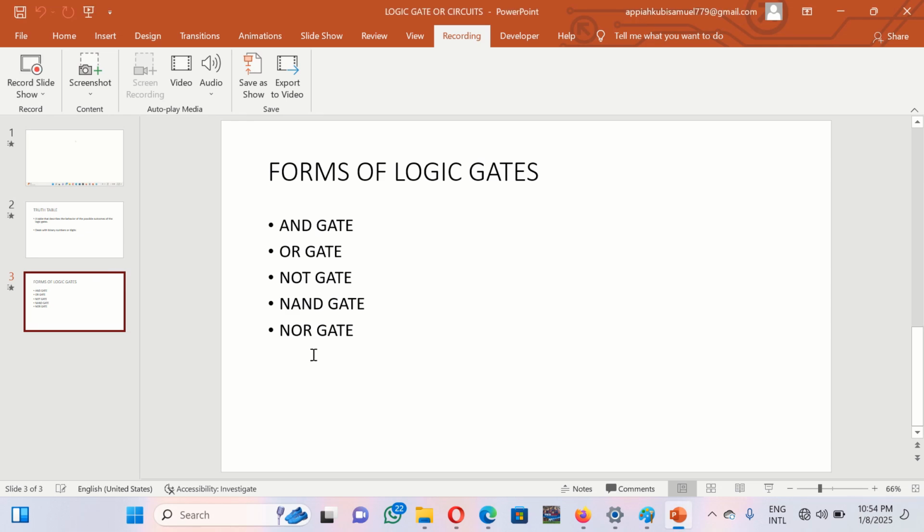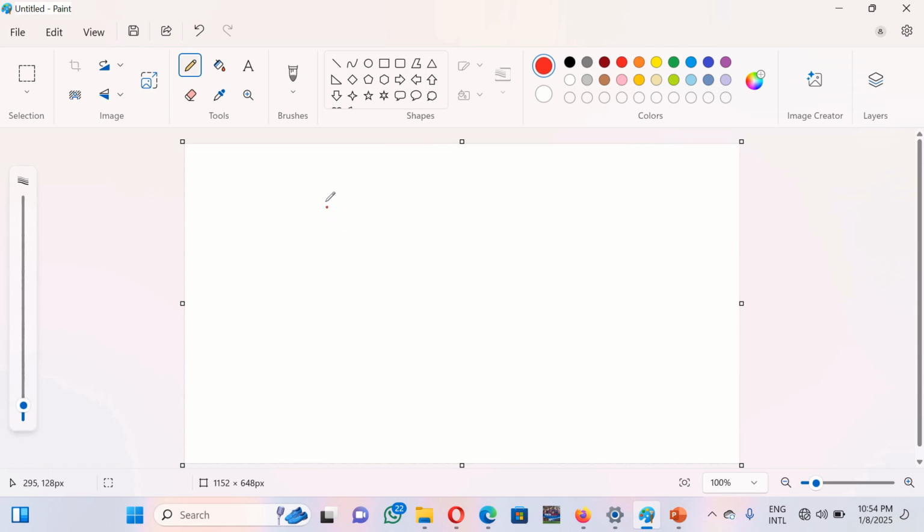So one thing that you should take note of is that the NAND gate is made of two gates, the AND gate and the NOT gate.